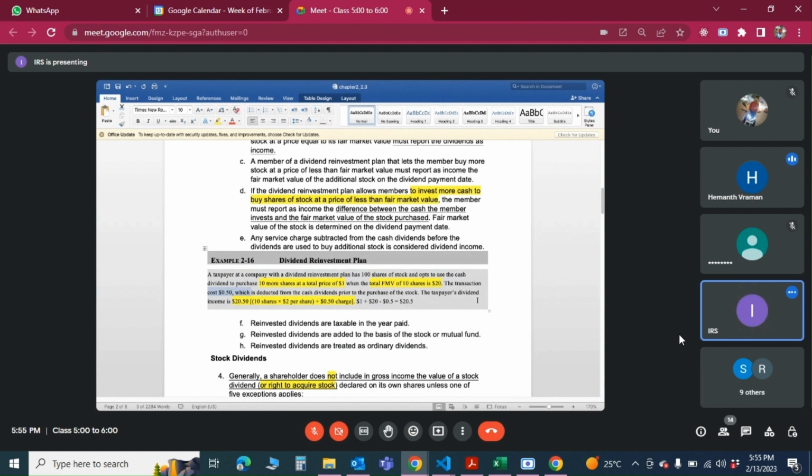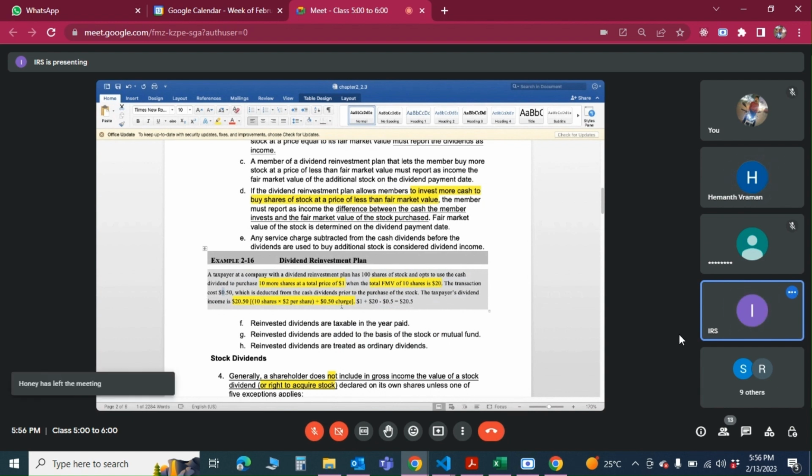Hemant? Ma'am, for each share it's costing 0.50, or for 20 shares it's costing 0.50? For 20 shares it's costing 0.50. You don't have to do 0.5 times 20. The total transaction cost is 50 cents.